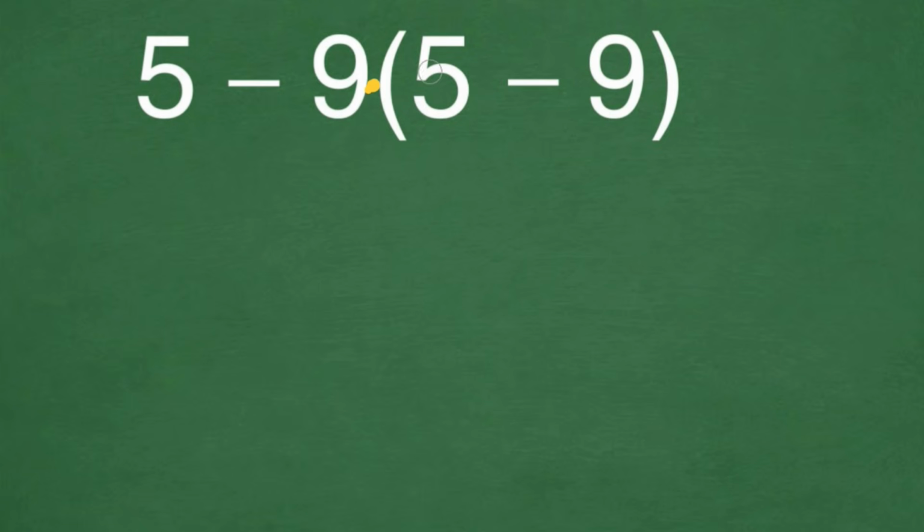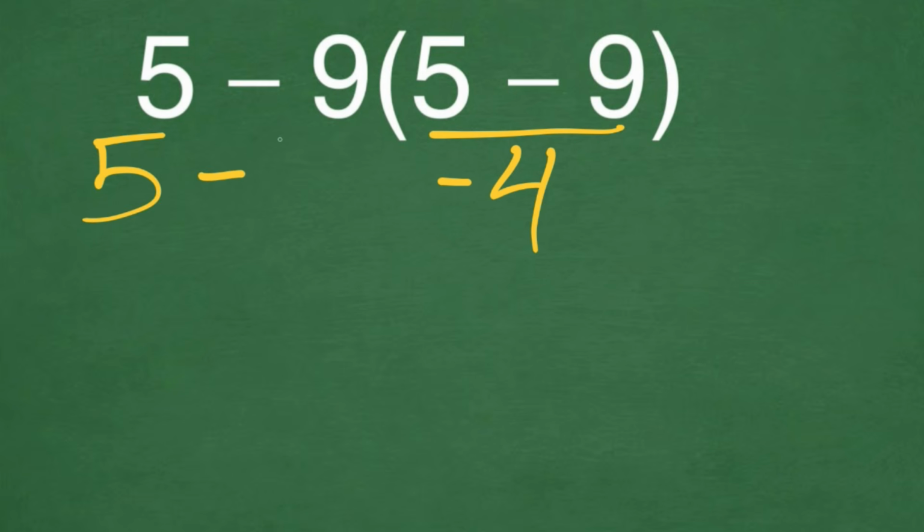So let's go back into our problem. 5 minus 9 gives us negative 4. And again, here we have 5 minus 9, but the problem becomes 5 minus 9 times negative 4. And here we have subtraction and multiplication.